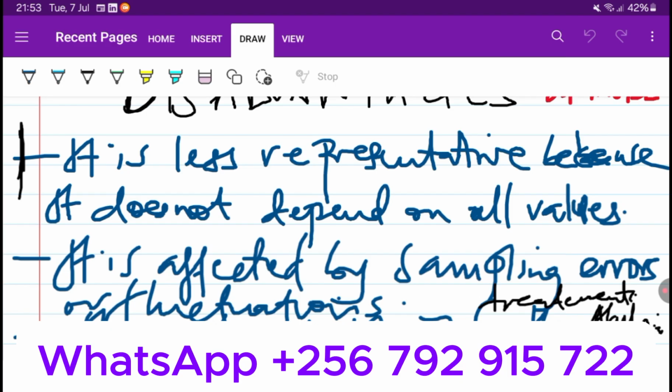So that's all that I wanted to talk about as far as the introduction to chapter 6 is concerned. And what we are going to look at next is that we are going to pick out each of those different measures of central tendency, and then we explain each and every item in detail.